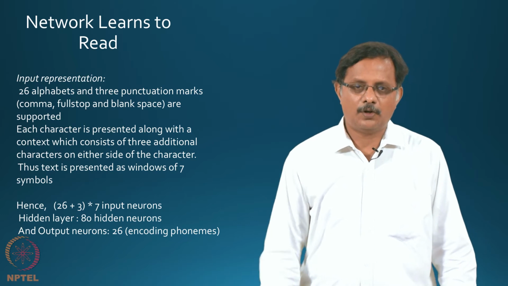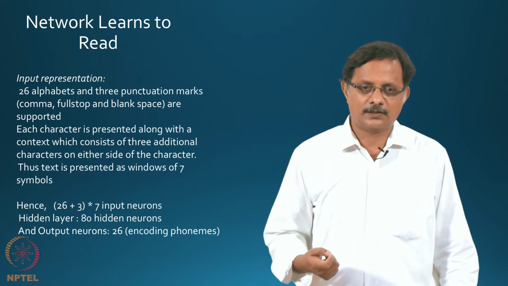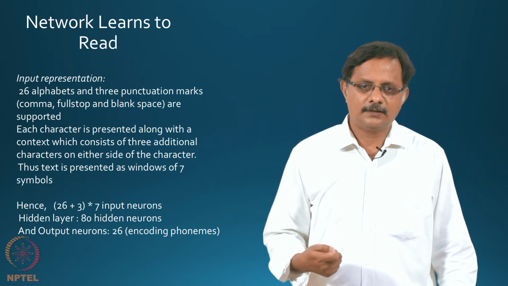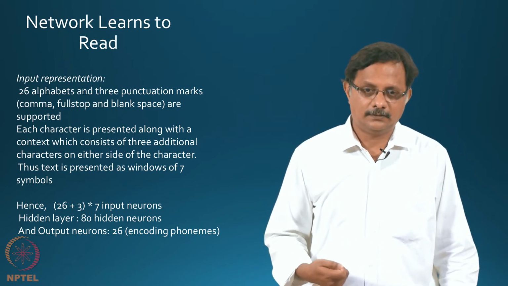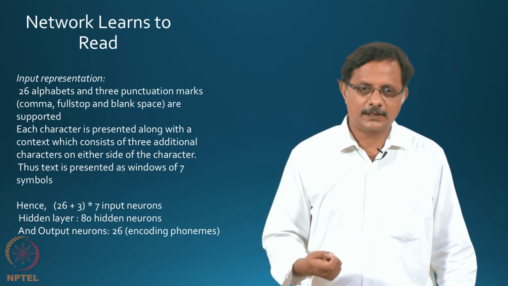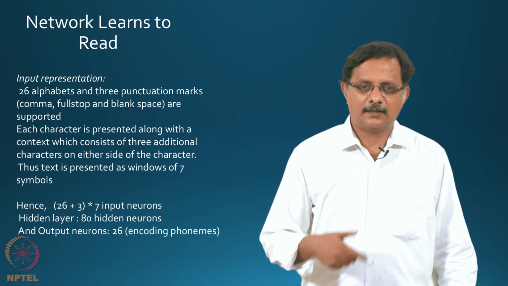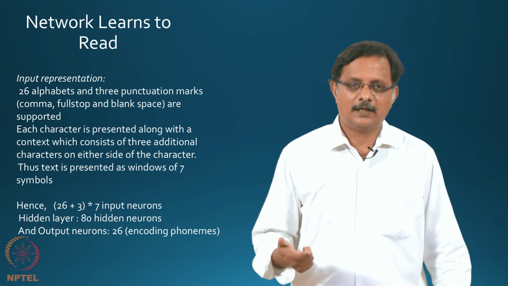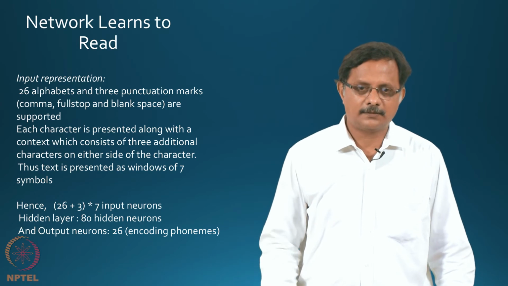So, at any given point there are 29 possible symbols. Therefore, the character is represented as a 29 dimensional binary vector with the corresponding bit set to 1 and all the other bits set to 0. And then there are 7 input characters, so the input consists of totally 29 times 7, a matrix of 29 by 7.